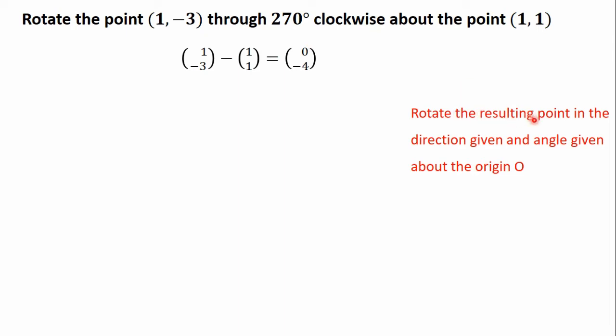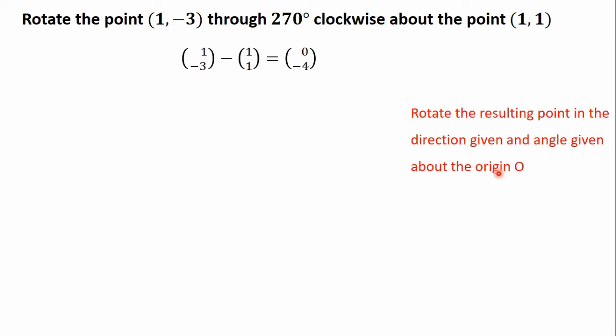So we are going to rotate (0, -4) in the direction given and the angle given about the origin. The direction given is the clockwise direction, and the angle given is 270 degrees. So we are going to rotate (0, -4) through a 270 degrees angle in the clockwise direction about the origin.